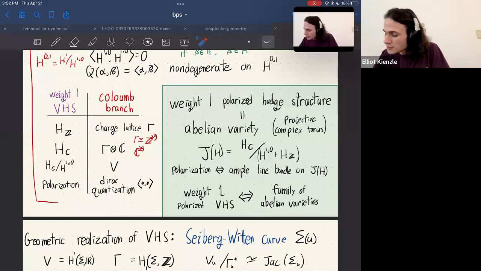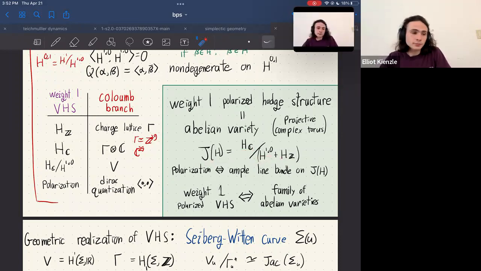Right, so this gives you a complex torus because you are literally just taking a vector space mod a lattice, but where you get the extra variety structure is with this polarization.